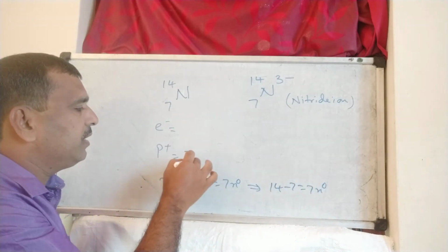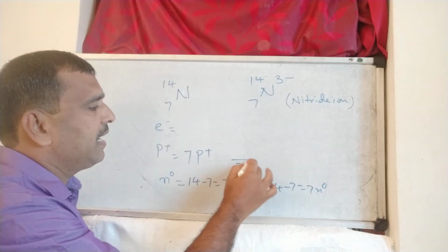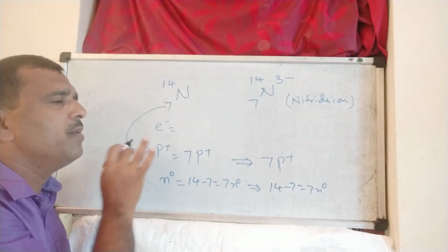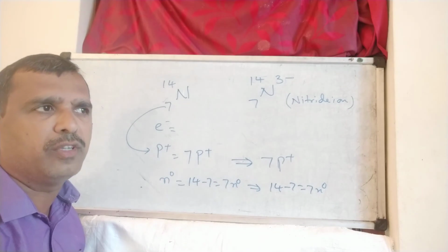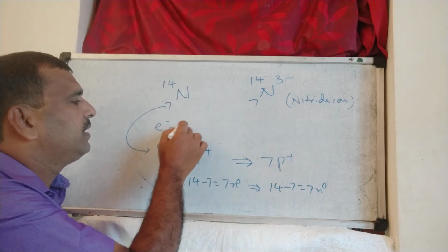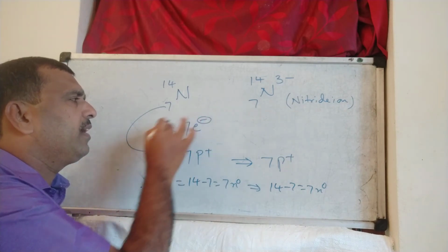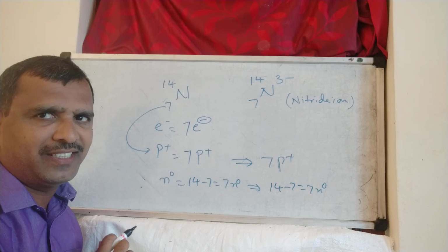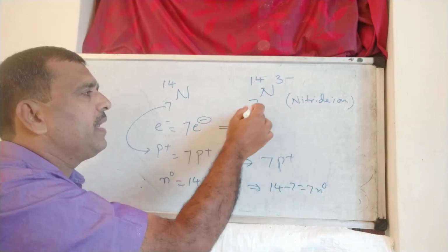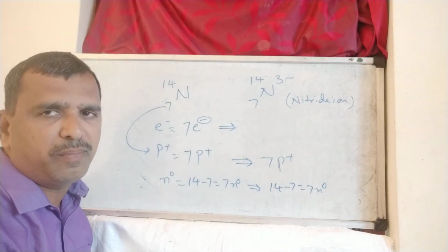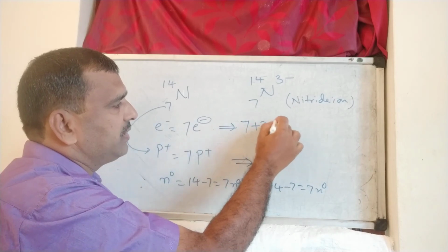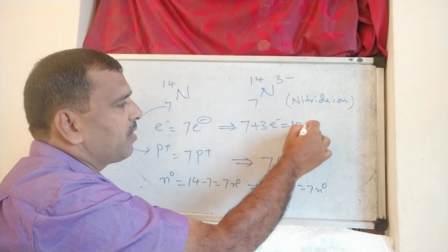Similarly, how many protons are there? 7 protons. Here also the same, 7 protons. Protons are always equal to the atomic number. Then what about the number of electrons? Here the atomic number is equal to the number of electrons, because there is no charge on the nitrogen atom. Then how many electrons are present in the nitride ion? 7 plus 3, so 10 electrons are present.